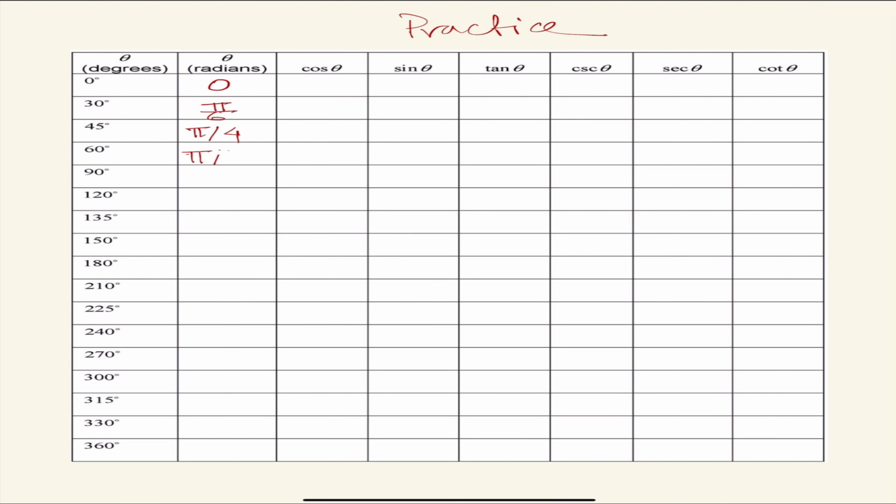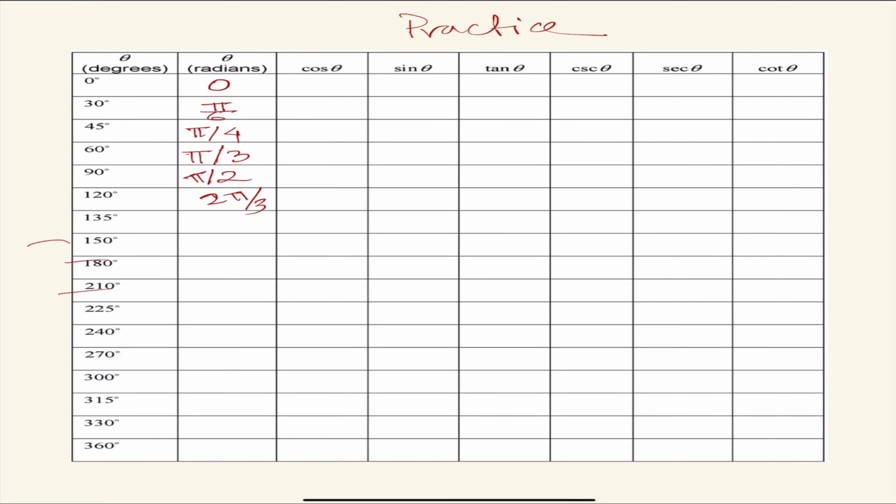Sorry about that. 90 degrees is pi by 2. And 120 degrees is going to be 2 pi by 3.